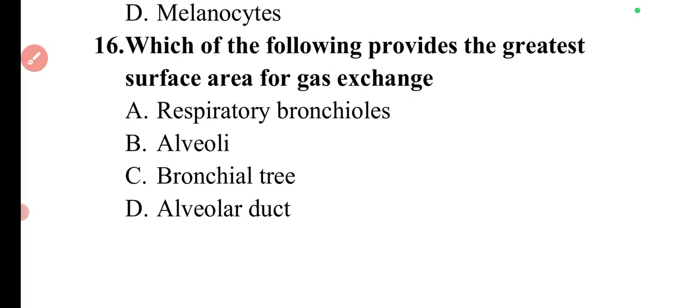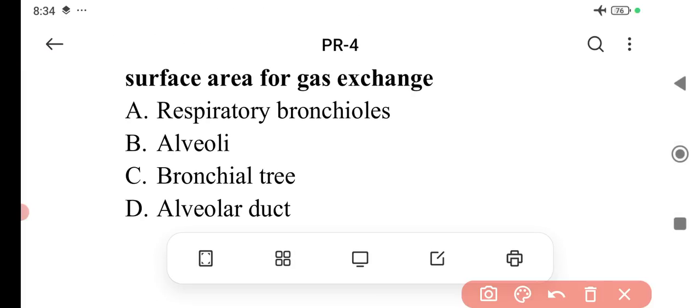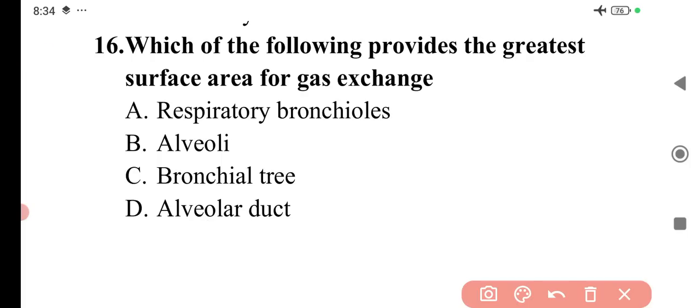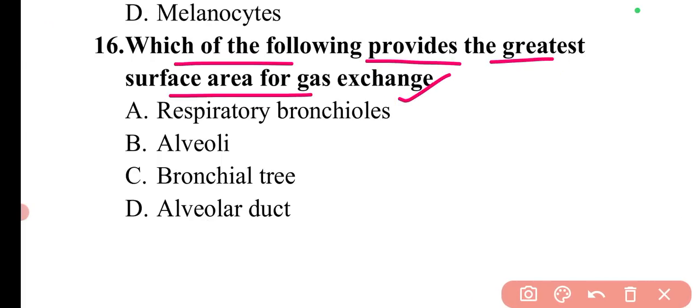Next question is, which of the following provides the greatest surface area for gas exchange? Options are respiratory bronchioles, alveoli, bronchial tree, alveolar duct.